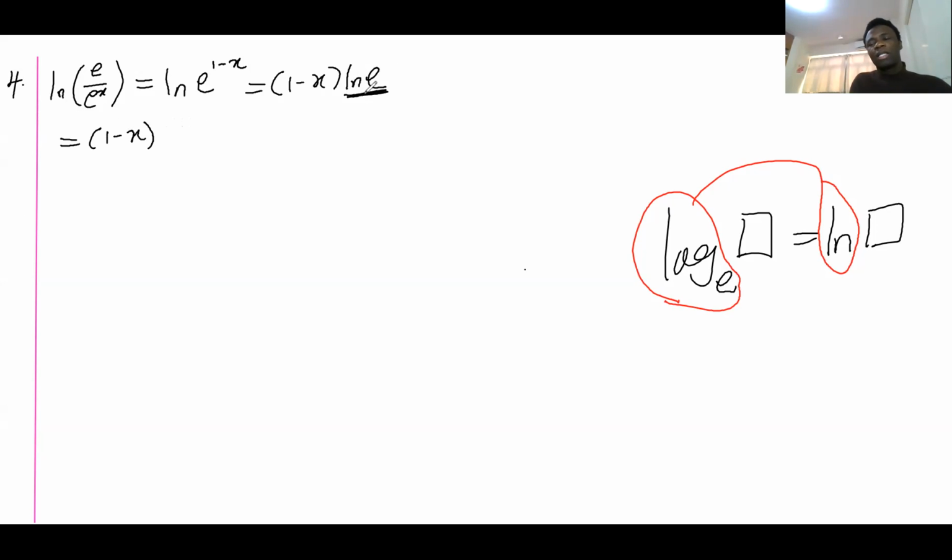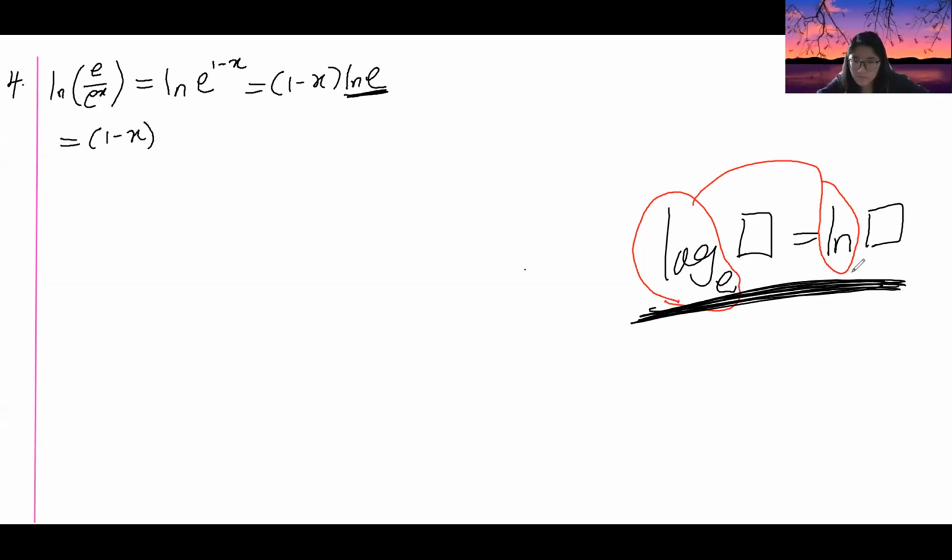Okay, how can you write this? If I don't want to use ln, tell me how else to write this. Another way of writing ln is what? Giselle, can you see what I wrote here?